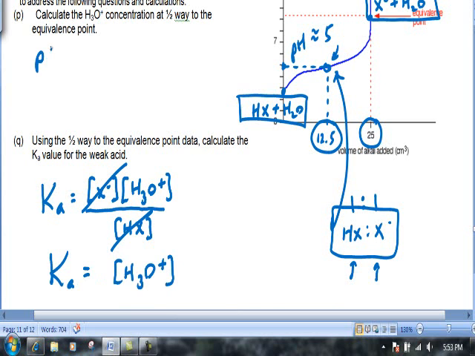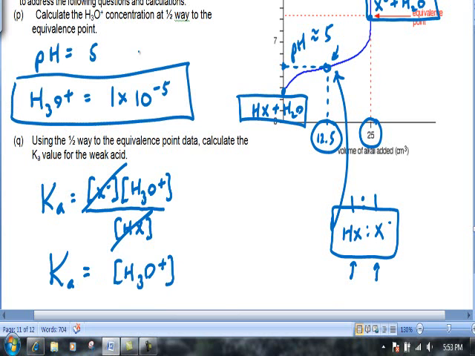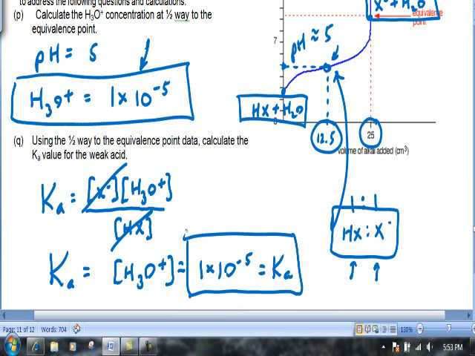Because we know our pH is equal to about 5 at this halfway to the equivalence point, our H3O plus concentration is 1 times 10 to the negative fifth. So using this strategy where the H3O plus is 1 times 10 to the negative fifth, that'll also give us our Ka value. This is unique and specific only to this point where we're halfway to the equivalence point on our titration, where the Ka value is equal to the H3O plus concentration.